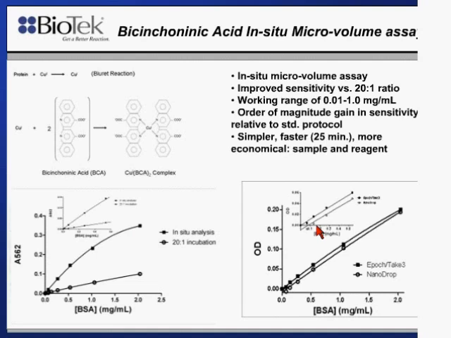Again, you can gain an order of magnitude of sensitivity. We're getting now down into the 10 micrograms per mil range. And again, it's much faster and simpler than the standard protocol. This can be run in about 25 minutes, and sample and reagent use is about 20 times less than running in a standard cuvette or microplate-based assay.